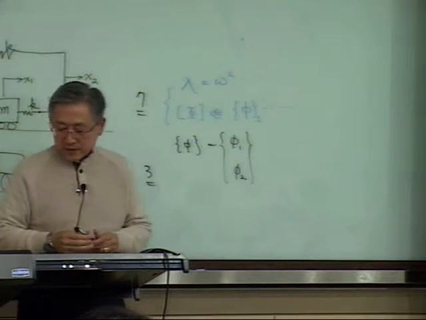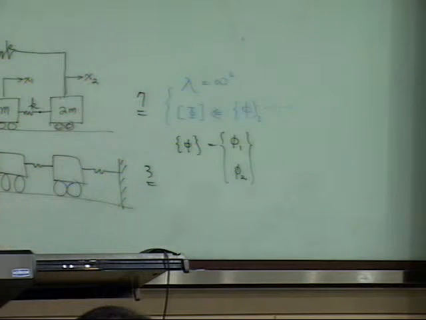We know M, we know K, we just put those in. And R is 1 and 2. What's R? The mode: first modal frequency, second modal frequency. We have a 2 degrees of freedom system, so R is equal to 1 and 2.